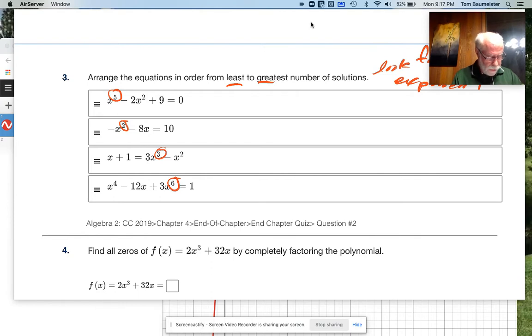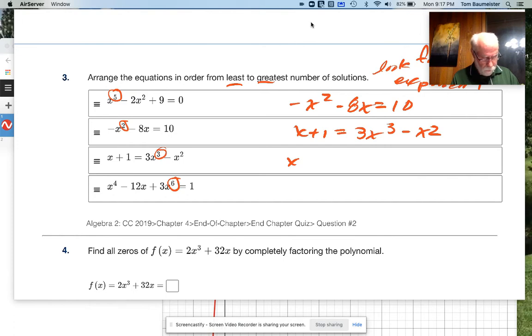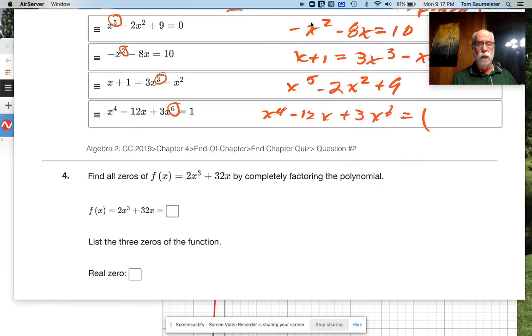So the smallest one is squared. I'm sure it's a drag and drop. Then we would have x plus 1 is equal to 3x cubed minus x squared. Then we'll have the 5th. And then the last one is just going to stay the same. Remember, highest exponent is the key.